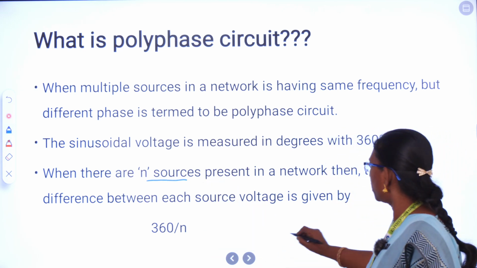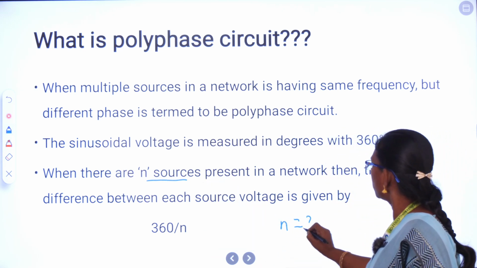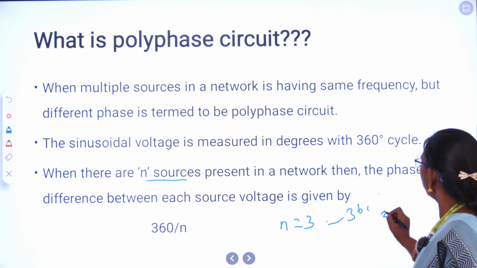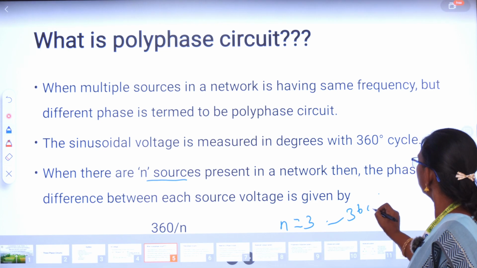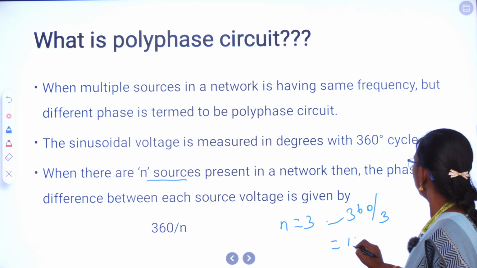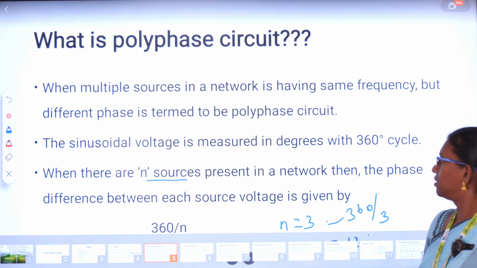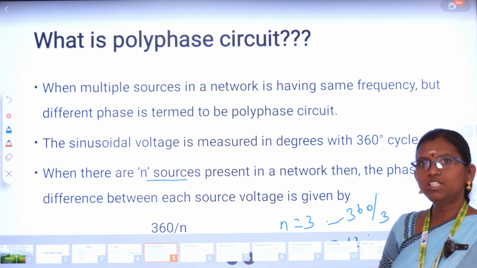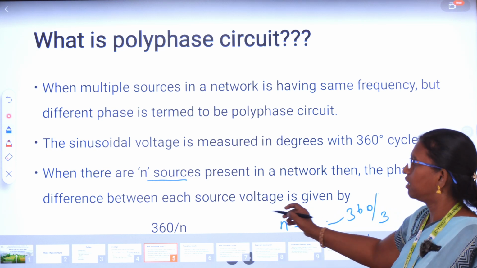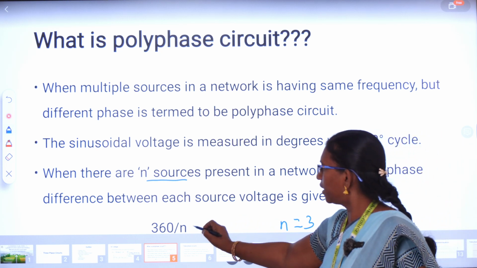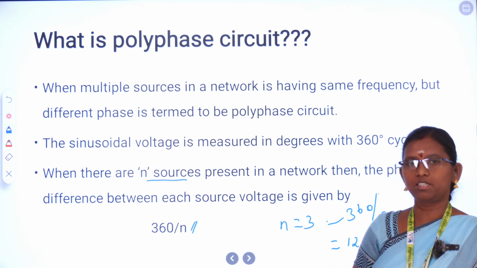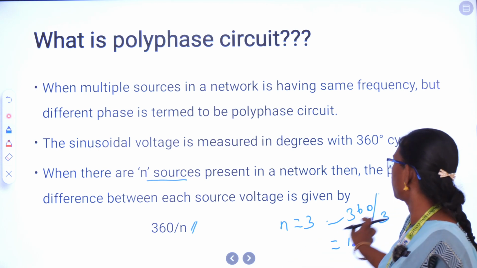If we assume there are 3 sources, then 360 divided by 3, so the phase difference between each voltage or each current will be 120 degrees. This is the formula to calculate the phase difference between the source voltages or source currents.